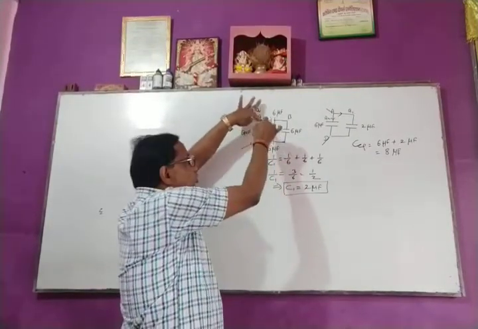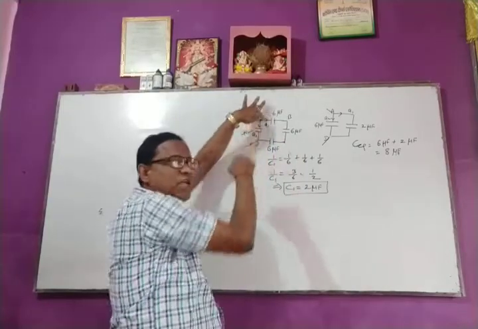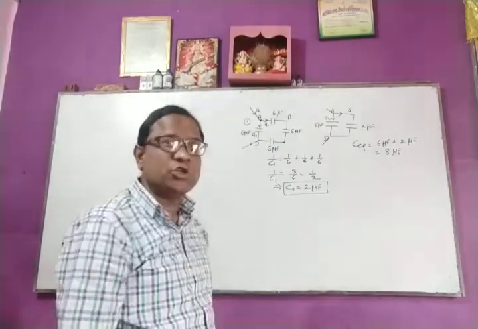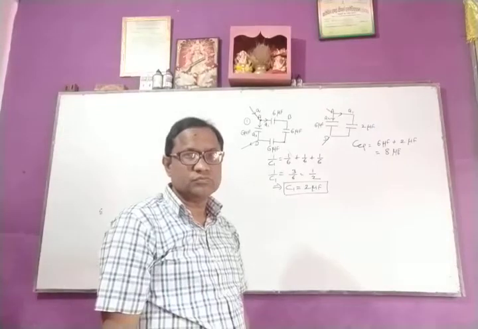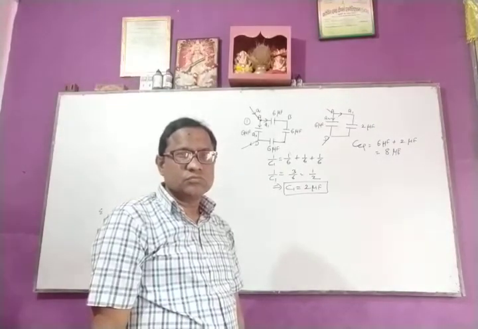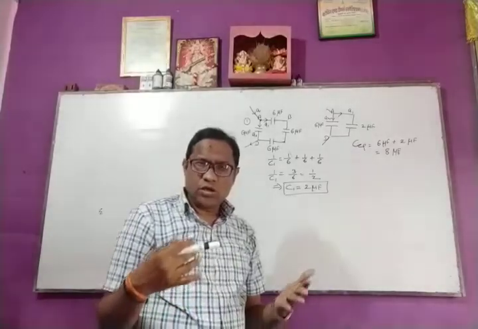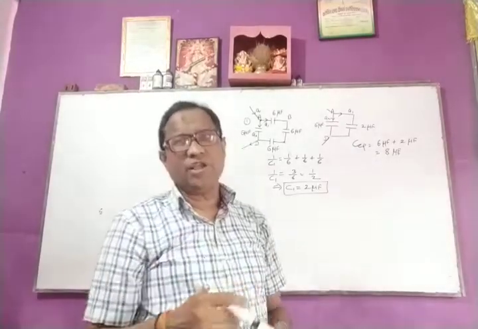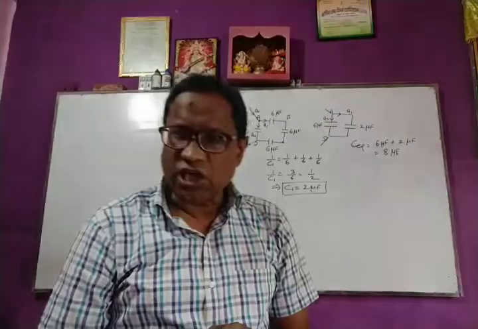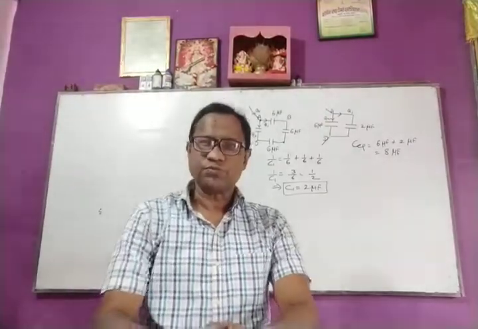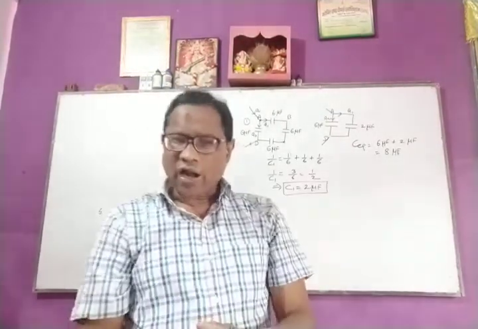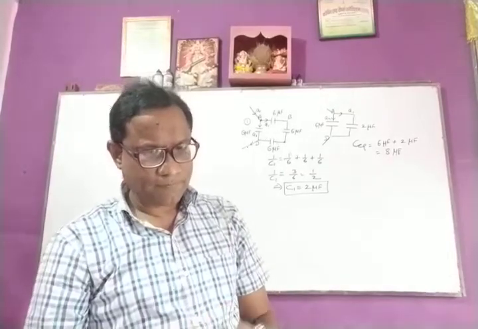Through this capacitor, charge Q2 is flowing. So they are in parallel. So we can find the equivalent capacitance C is equal to C1 plus C2. Another type of questions.